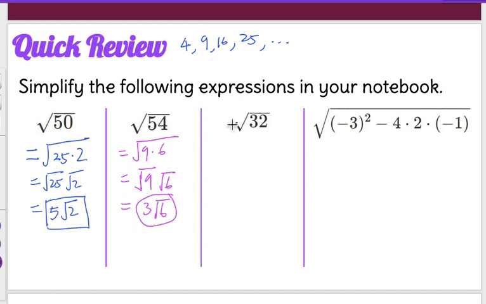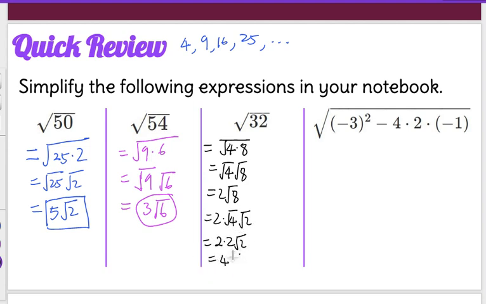The next one can be a little bit tricky though. Probably your first reaction is, I know 4 times 8 is 32, and I break it down, but this one is not fully simplified, because for 8, I can move on to break it down as radical 4 times 2, so if I continue, it will give me 4 radical 2.